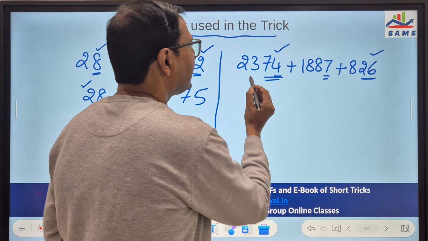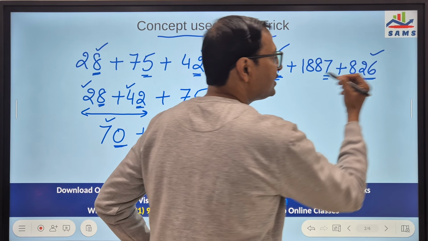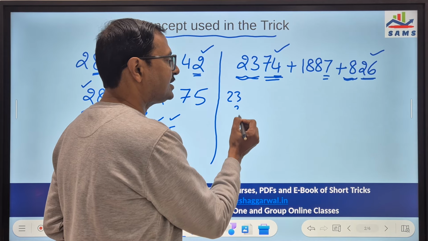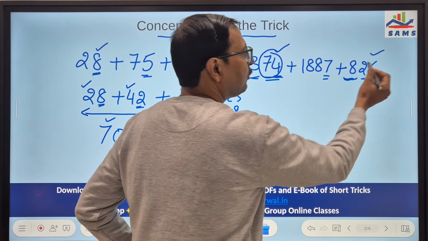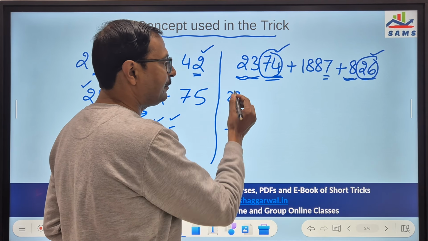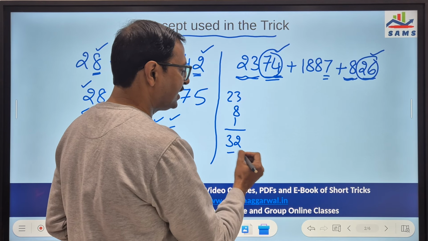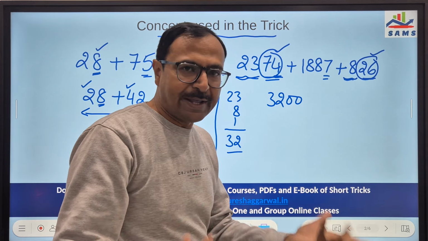So how many hundreds are there? Here we have 23 hundreds. Here you have 8 hundreds. So 23 plus 8 hundreds, and then 100 will be obtained by adding 74 and 26, so one more 100. That gives me 32 hundreds. That means 3200.